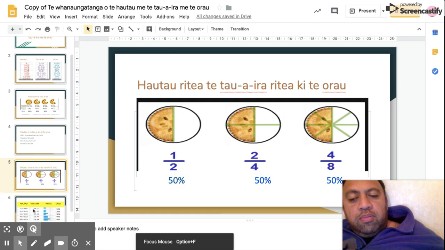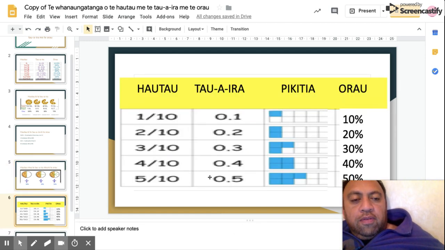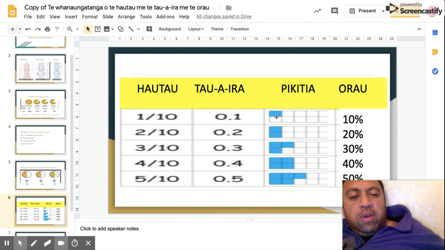Okay, one more example of how they're related together. Hautau, for 1/10, if there was a chocolate bar here, there's 1 coloured in, or 1 eaten out of these 10 bars here. As we've said before, this is a division sign, so 1 divided by 10 equals 0.1.